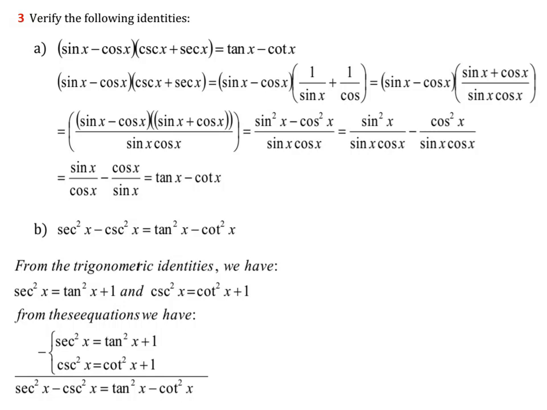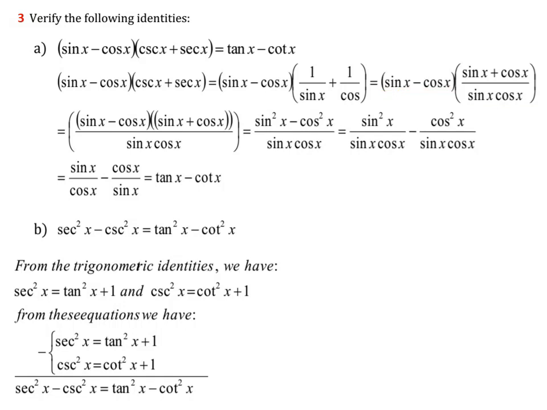Now here, by taking the LCM of 1 over sin x plus 1 over cos x, we have (sin x minus cos x) the whole times (sin x plus cos x) the whole over sin x times cos x.